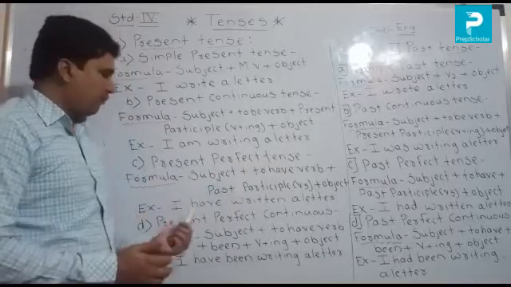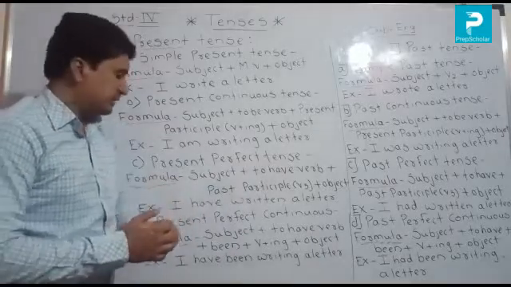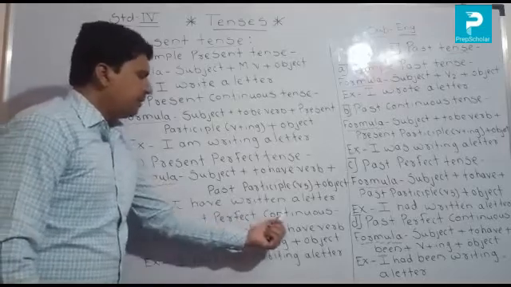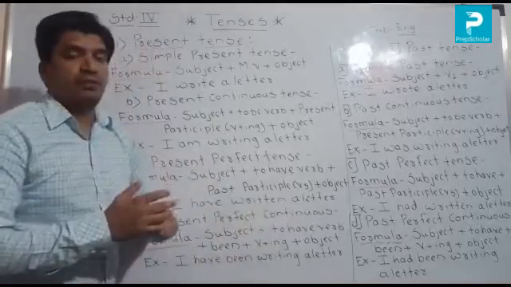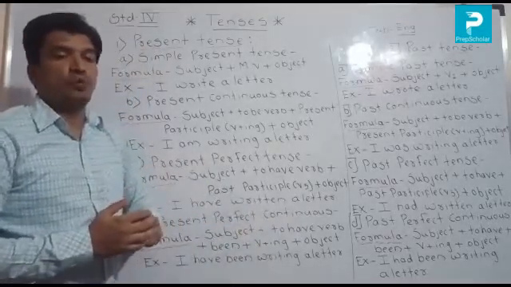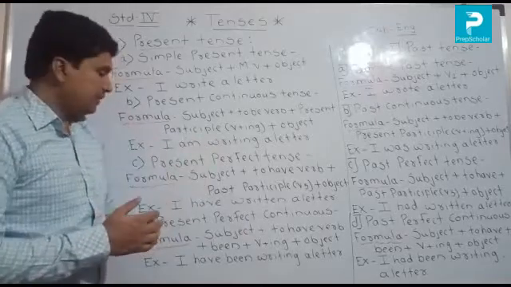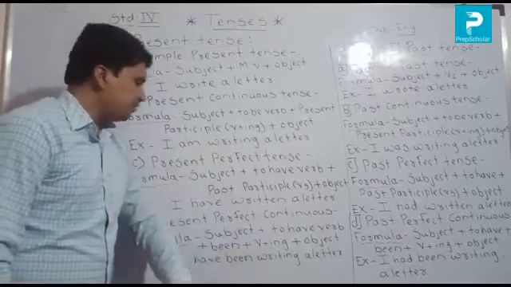Okay, then our fourth subtype of present tense is present perfect continuous tense. So present perfect continuous tense म्हणजे चालू पूर्ण वर्तमान काळ. So what is the formula of present perfect continuous tense?